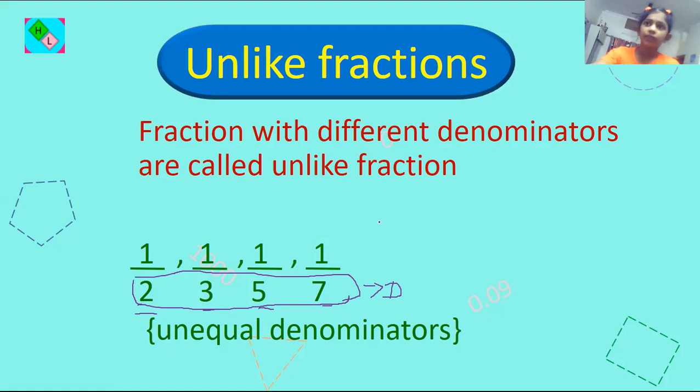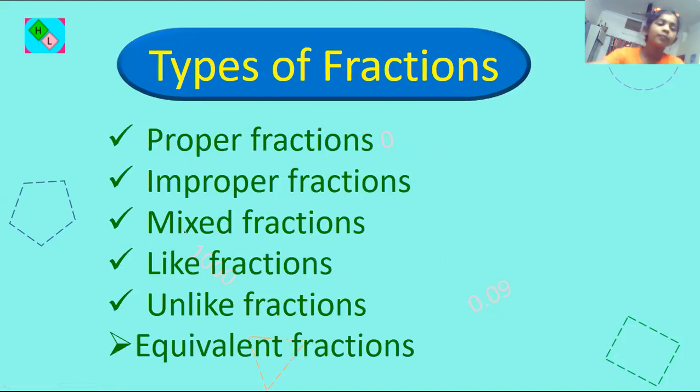Fractions with different denominators are called unlike fractions, and fractions with the same denominators are called like fractions. So we completed 5 types of fraction: proper fraction, improper fraction, mixed fraction, like fraction, and unlike fraction.